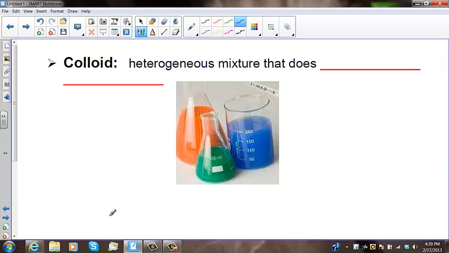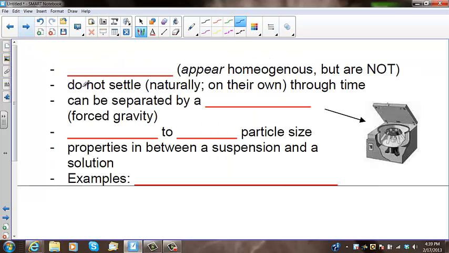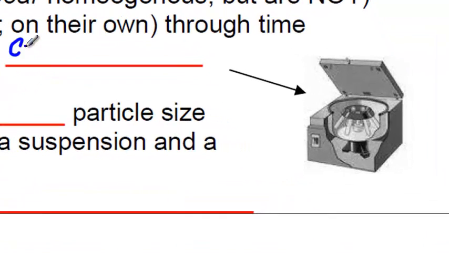Okay, a colloid. A colloid is a heterogeneous mixture that does not clearly separate. It's cloudy. It appears homogeneous, okay, but it really isn't. It does not settle naturally on its own through time. It can be separated by a centrifuge.